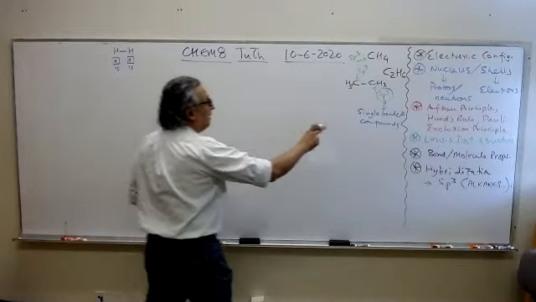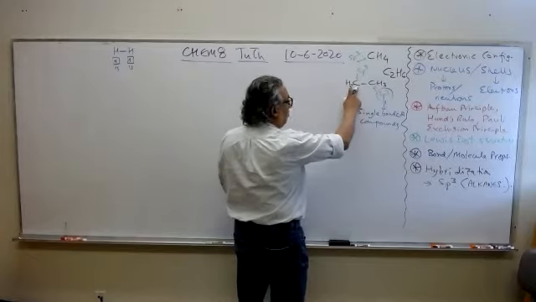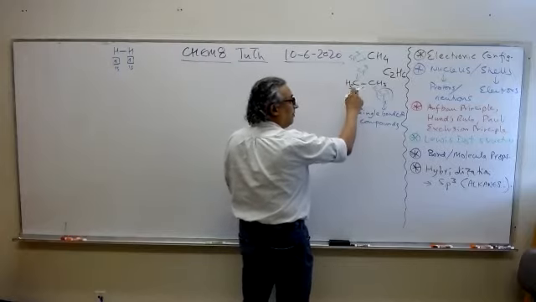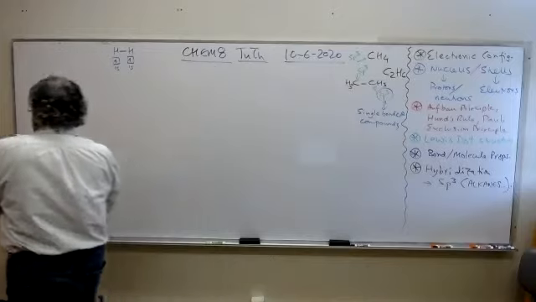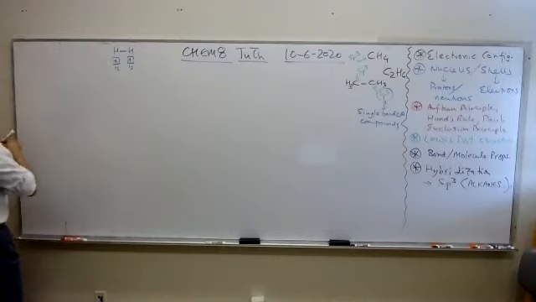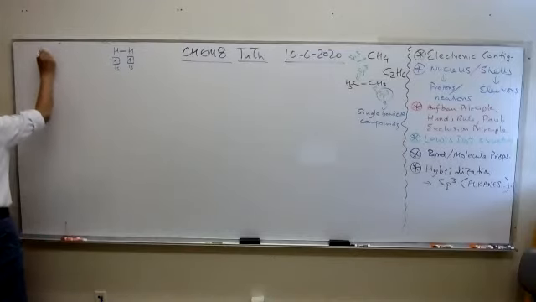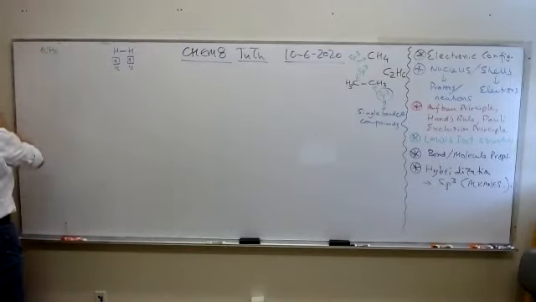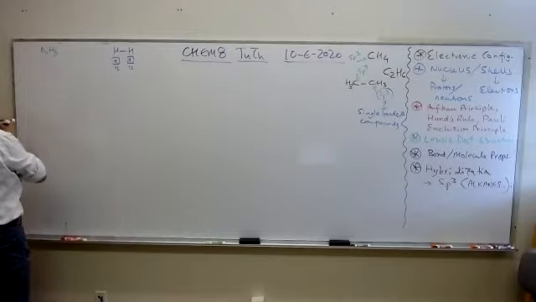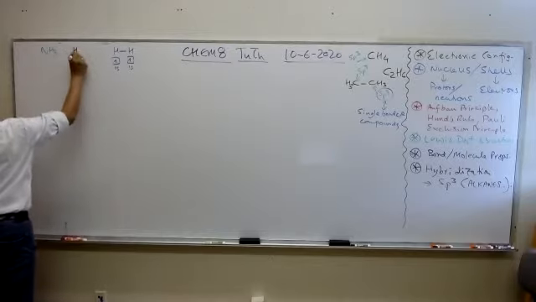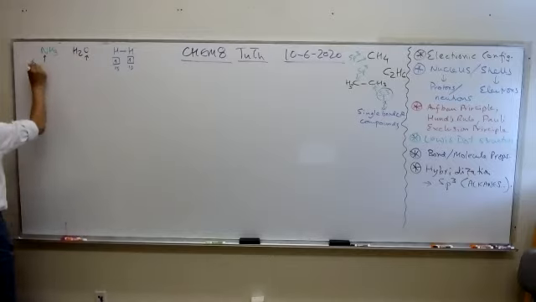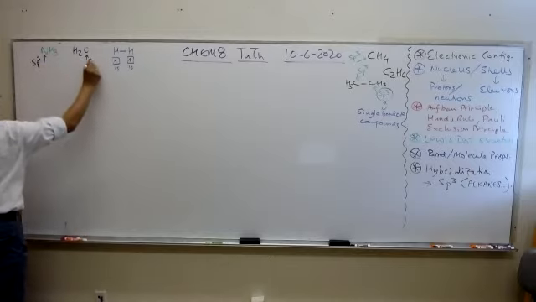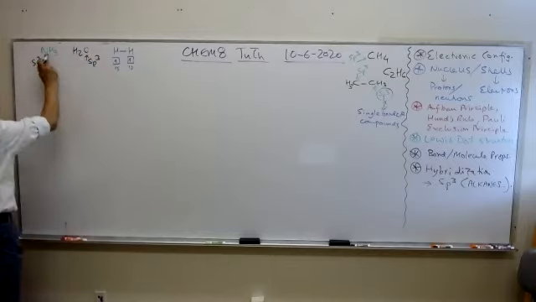Okay, so any compound that has single bonds on the central atom, with s and p orbitals, is sp3, such as NH3 and H2O. This one and this one are sp3.